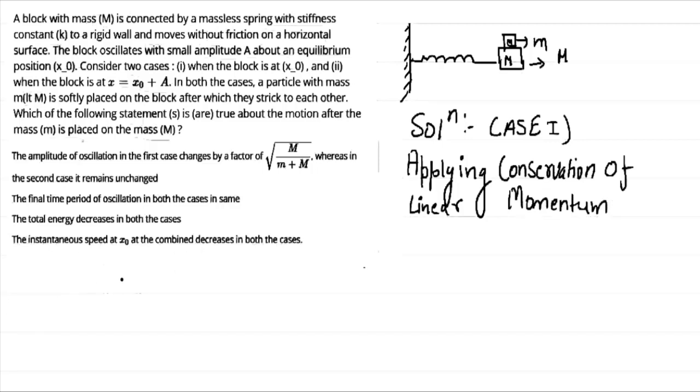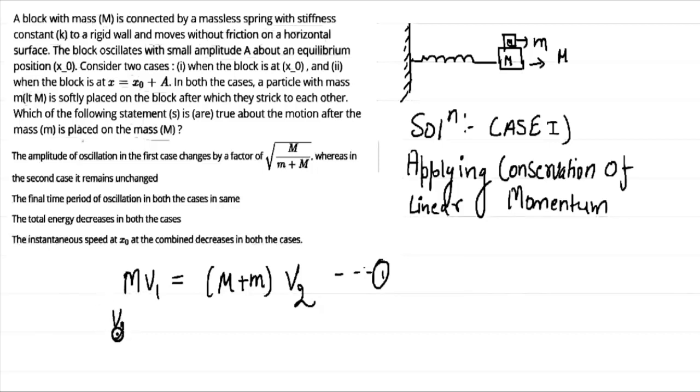Now, what is this? M v1 is equal to (M plus m) v2, and let's say it is equation number one. So we will write it as v2 is equal to M upon (m plus M) v1.